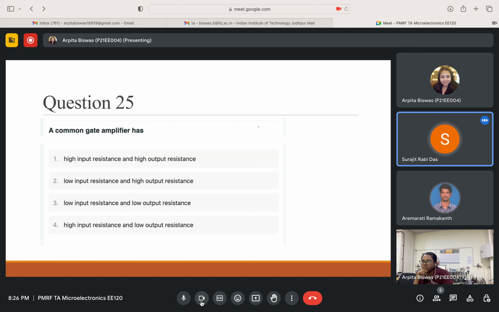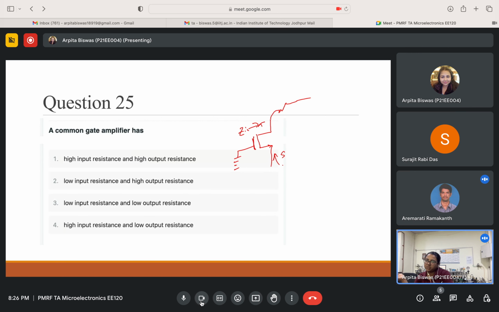The gate is common here. Looking from the source side, impedance is low, and here is your drain, where some resistance is there. If you are seeing from the gate side, the input resistance is infinite. But if you are taking from the source side, then what will be the impedance? 1 by gm.